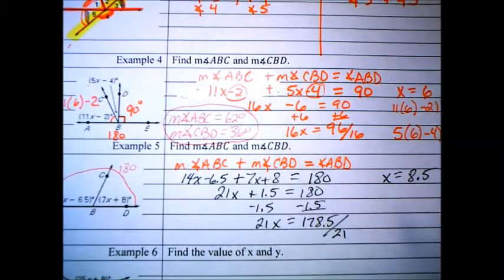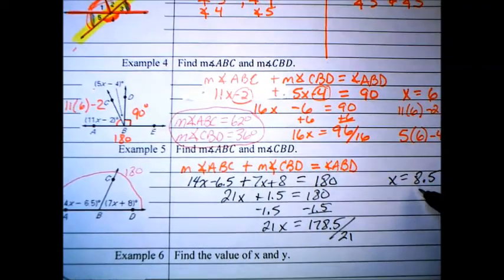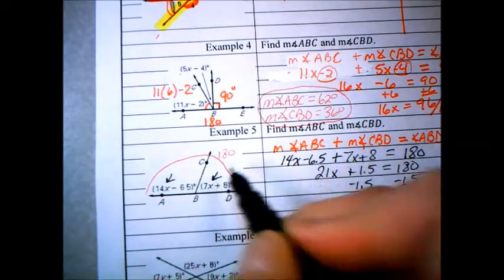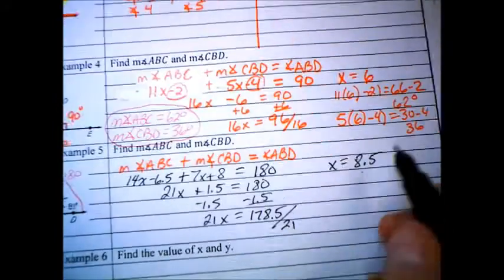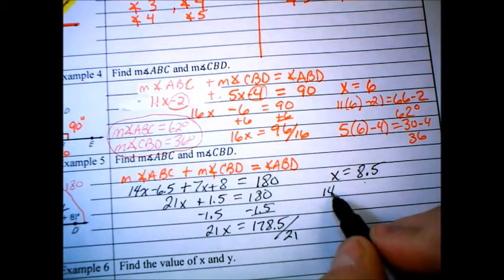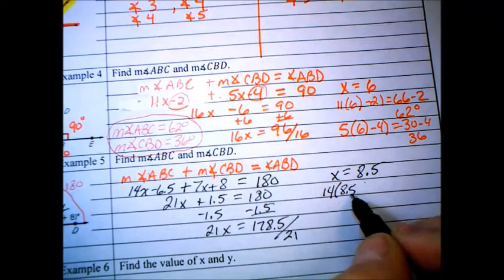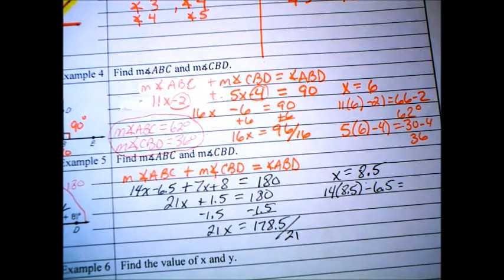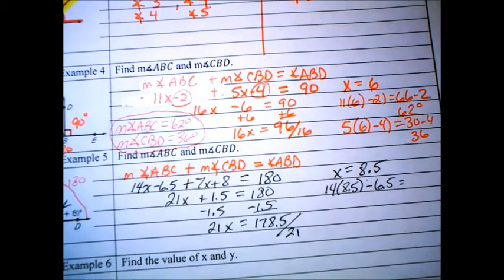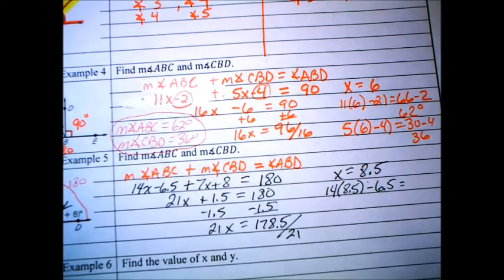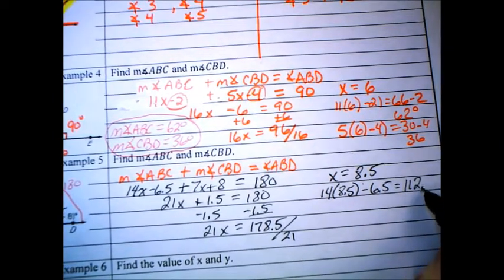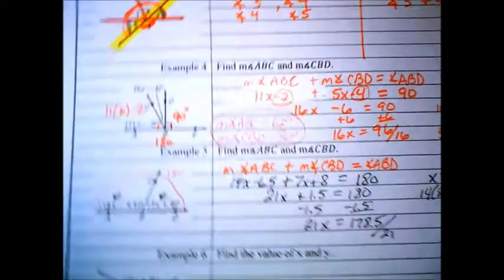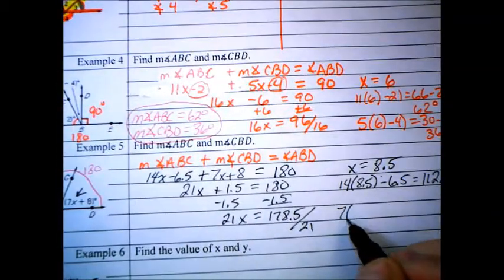Now, take it, plug it back into each section here on the x's, so that I will have, on the first one, 14 times 8.5 minus 6.5. That gives me 112.5 as an answer. On the second one, I have 7 times 8.5 plus 8.